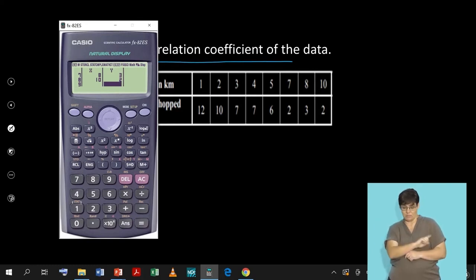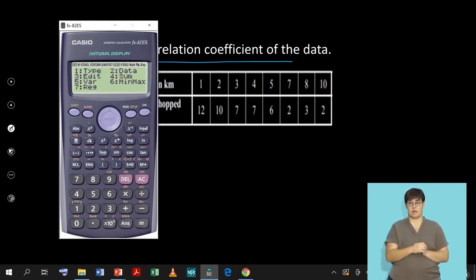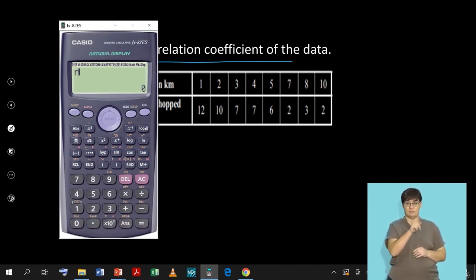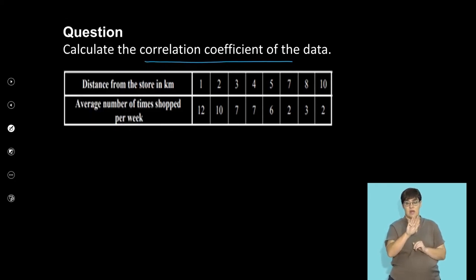So now for the correlation coefficient, we press AC, shift 1, and we select 7, regression, then R is the correlation, which is 3, equal. What we see is a negative. We get R is 0.94.